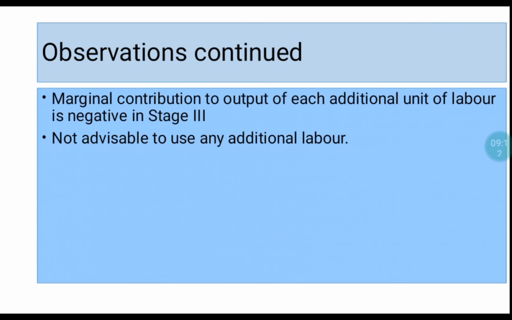So these are some of the things that you need to be aware of as you are involved in production. So you need to know what the law of production is. You also need to know the stages. You need to know what increasing marginal returns are, diminishing marginal returns, and negative marginal returns. And you should be in a position to tell where you're supposed to operate if at all you're to increase production.